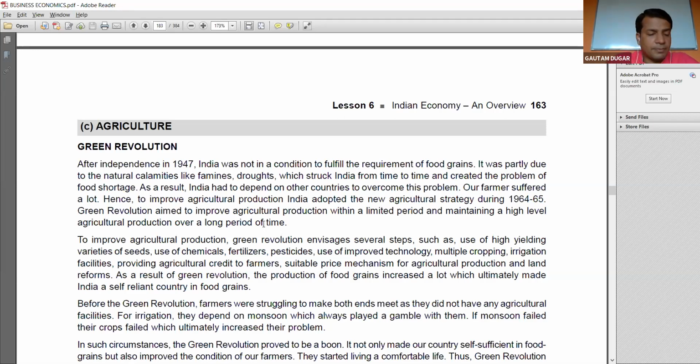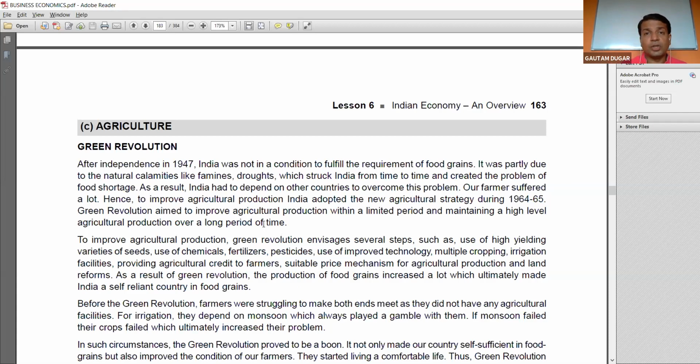Under this revolution, the farmers were trained in how to use high yielding variety seeds, and along with that, how to take the benefits of irrigation, because the high yielding variety seeds required the application of insecticides and pesticides, as well as a proper level of water, right? And the Green Revolution increased agricultural production many times, though the impact was not uniform on all the crops.